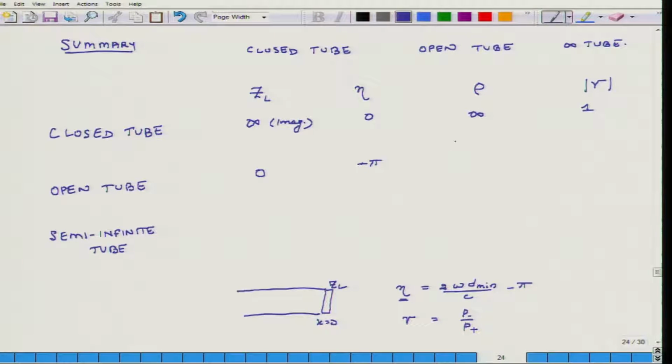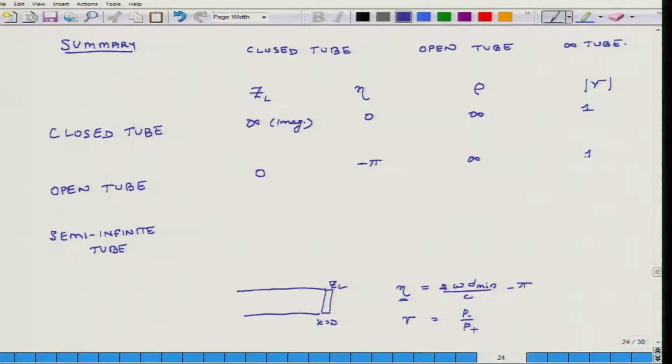The rho ratio is the ratio of maximum pressure amplitude divided by minimum pressure amplitude. Maximum pressure amplitude is some number, but minimum goes down to 0. So, this is infinite, and then the value of gamma for an open tube: P plus equals negative of P minus, but I am taking just the absolute value.